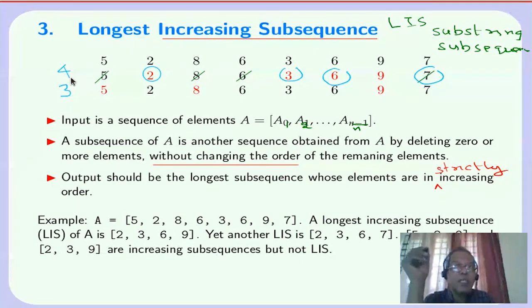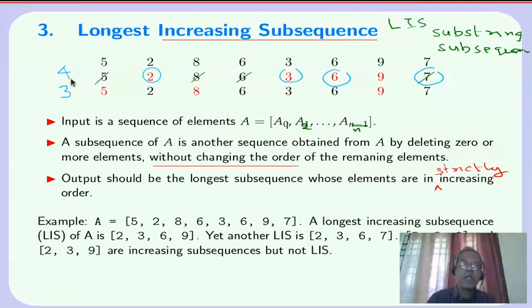How will you deconstruct the problem into a subproblem? If I can solve the subproblem, I can construct a solution to the given problem. For example, if I am given the sequence 5, 2, 8, 6, 3, 6, 9, 7.